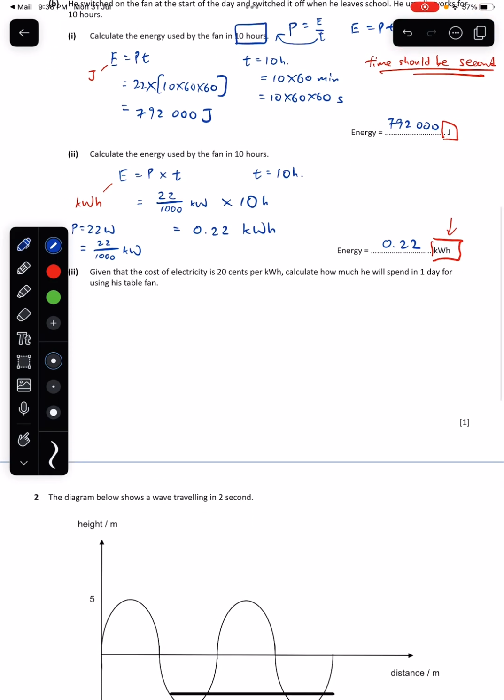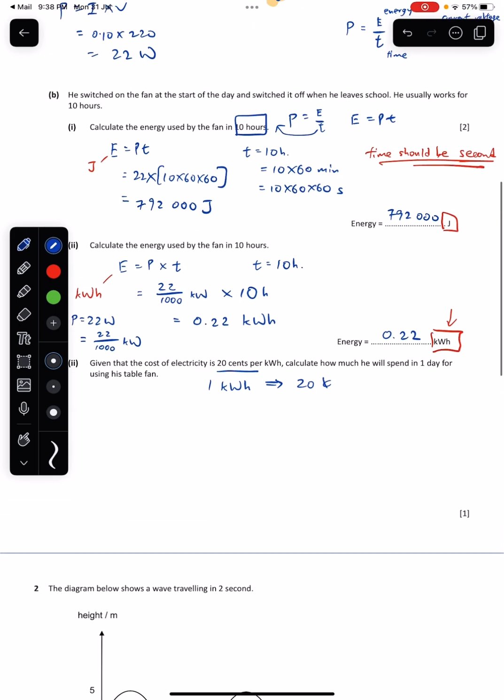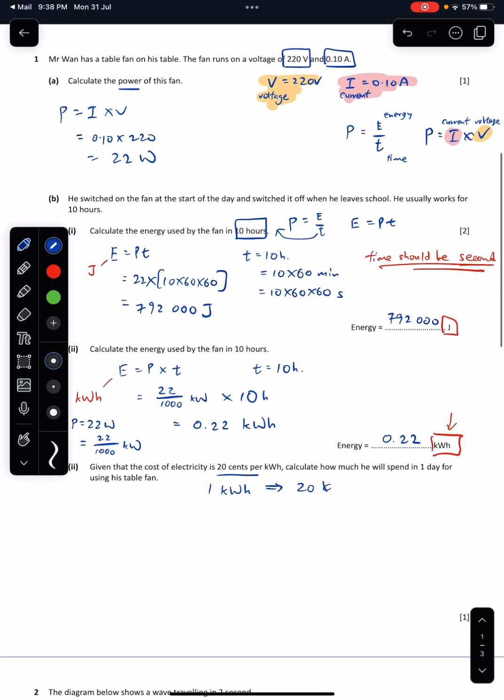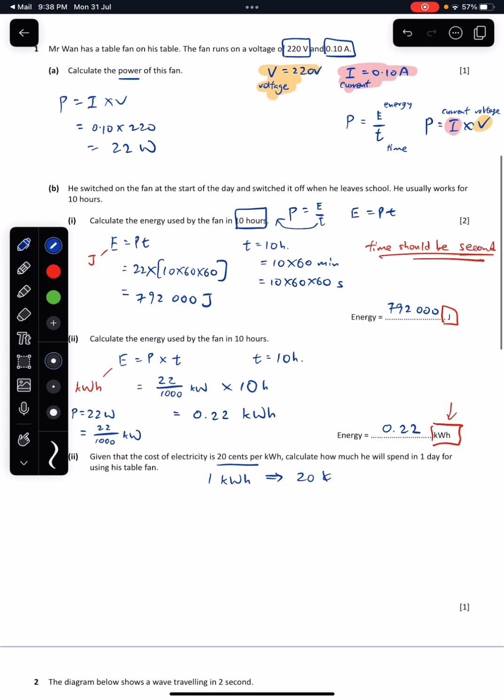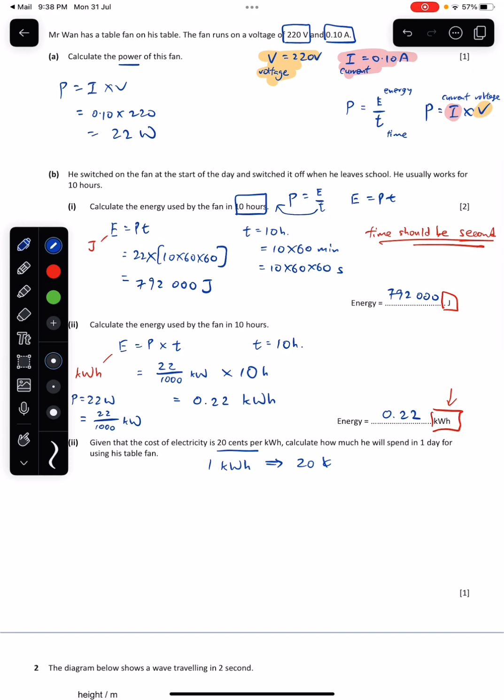Okay, next. So what they say here? They say 20 cents per kilowatt. That means 1 kilowatt hour, you pay 20 cents. So now they say how much? So don't panic. What happened? So I have a fan on my table, right? So I use the fan for how long? I will work for 10 hours.